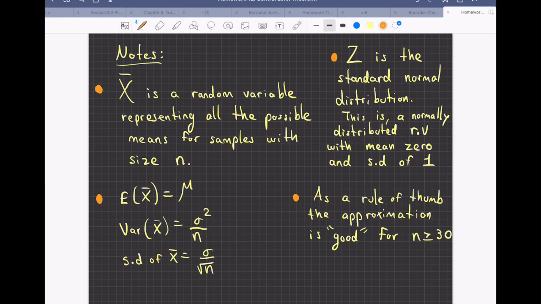By the way, this is called standard deviation or standard error.